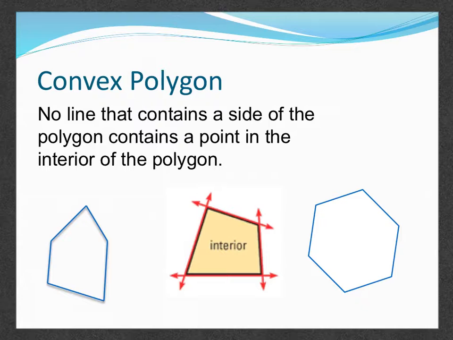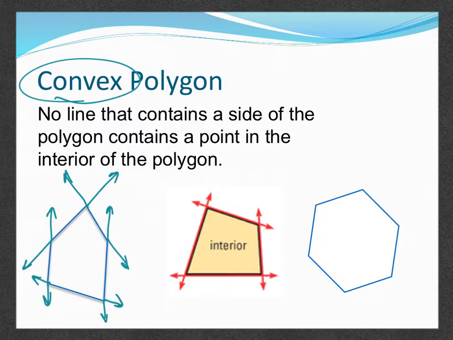So if I were to take that first shape and extend these lines out in either direction, any of them, do any of those extensions cross into the center of my circle or into the middle of that shape? No. So this is called a convex polygon.